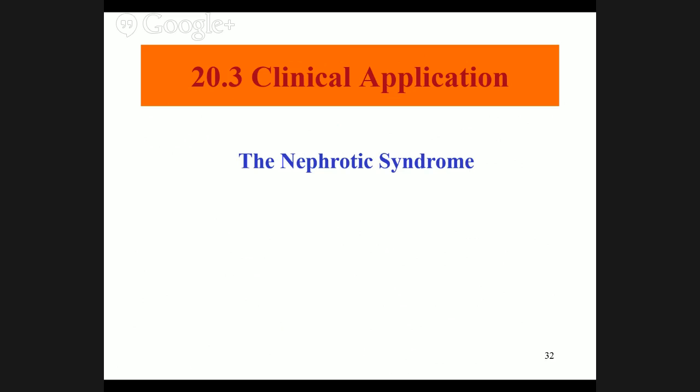So what is activated is the renin-angiotensin system, which stimulates the adrenal cortex to release aldosterone, and the posterior pituitary will then release antidiuretic hormone, which in turn stimulates the kidneys to conserve sodium ions and water. And then this action helps restore blood volume, but it also might aggravate the edema.